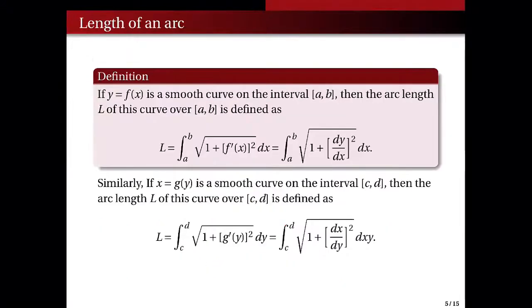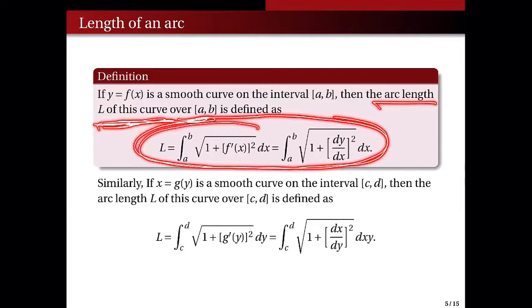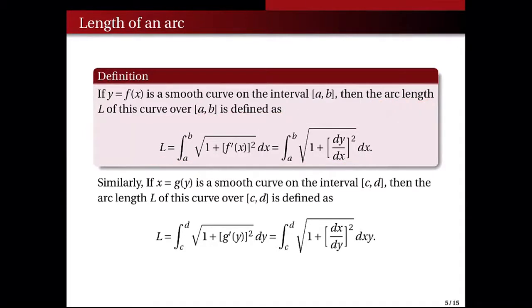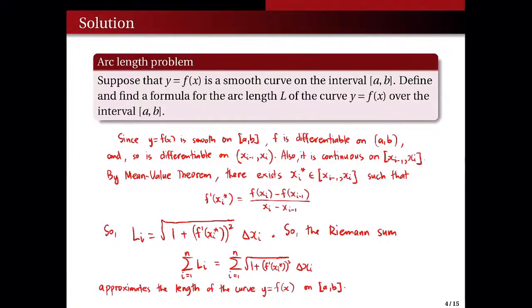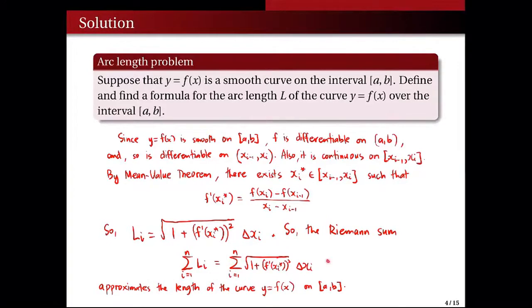So this is the definition of our arc length. If y equals f of x is a smooth curve on the interval AB, then the arc length L of this curve over the interval AB is defined as this guy here. Coming from here, all we need to do is take the limit as n approaches plus infinity, and that becomes the integral.